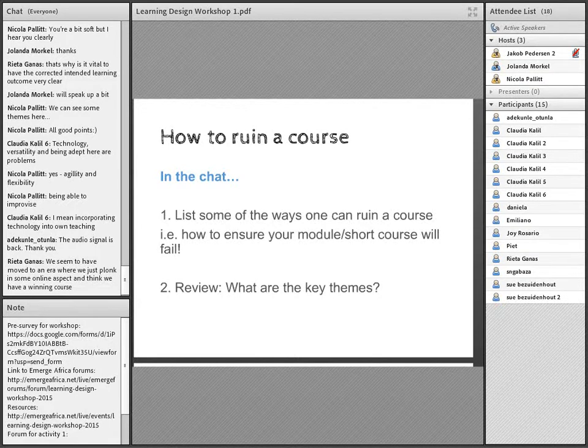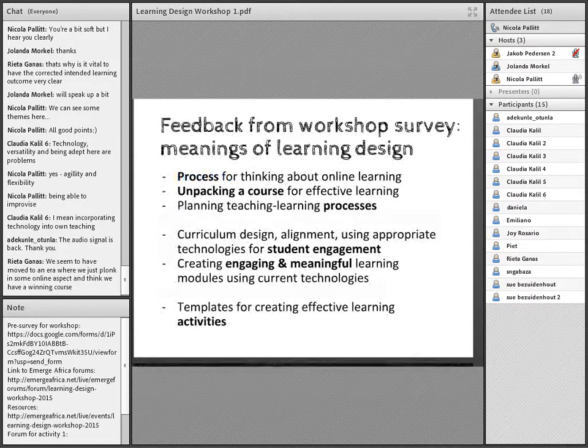Okay, awesome. So basically, we all know how we can ruin a course and why, I think this gives us a sense of why we need learning design. Okay, I just thought I'd move at this stage onto some of the feedback from the survey for your meanings of learning design.